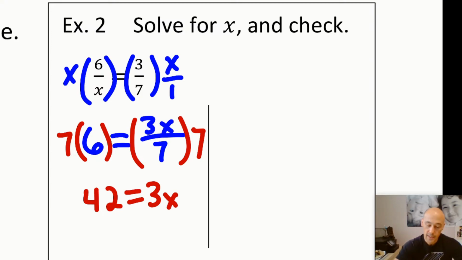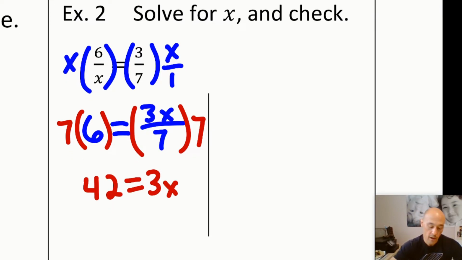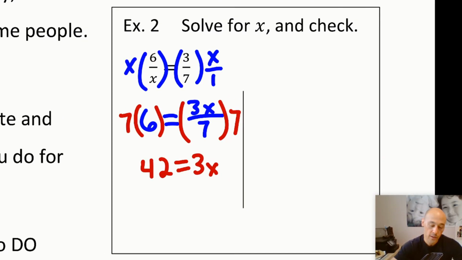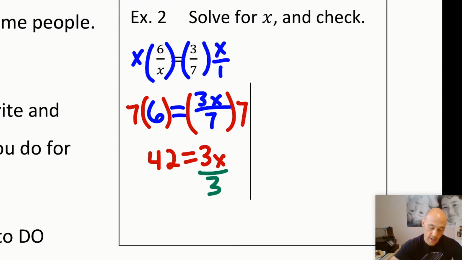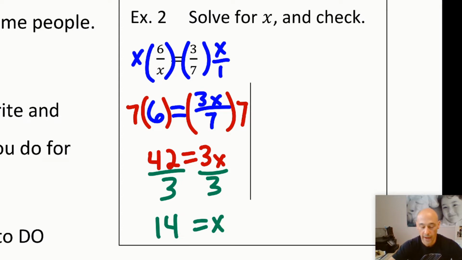Now, our next step is to isolate x. Right now, it's multiplied by 3, so we're going to divide by 3. When we divide by 3, on the right, we have x, and 42 divided by 3 is 14. So we have x is equal to 14.